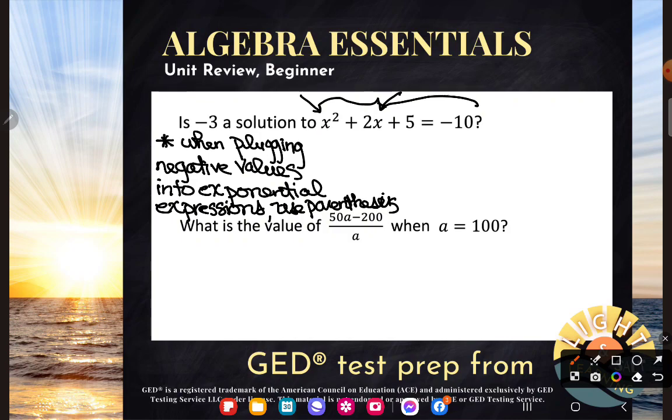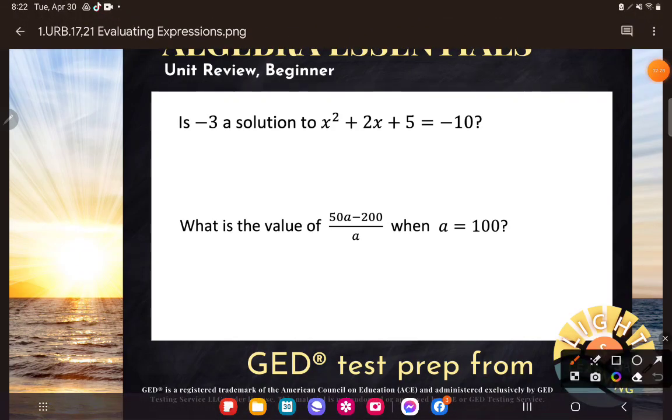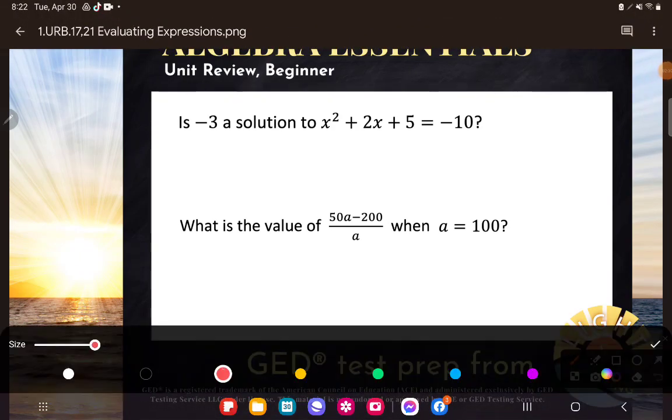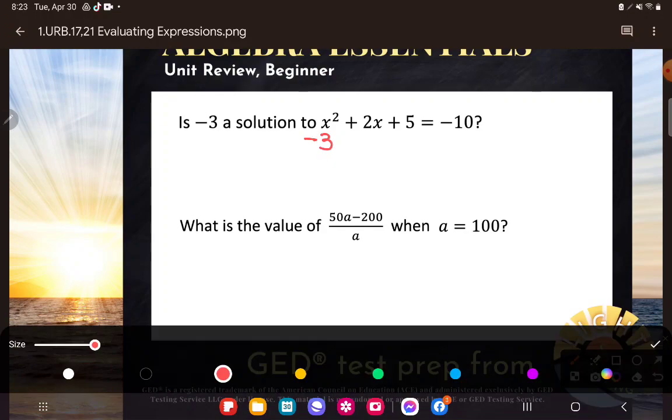Okay, so why am I bringing that up? Well, look, you have an x squared here, and you need to plug in a negative number. And if you do the common mistake that most students make here, and you put in the negative number without the parentheses, and then you square it, you will actually get a wrong answer to this.